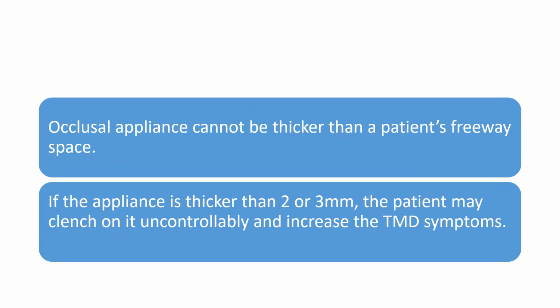The thickness of this occlusal splint should not be greater than the patient's freeway space. If the thickness of the occlusal splint is greater than the patient's freeway space, it can result in an increase of the temporomandibular symptoms.